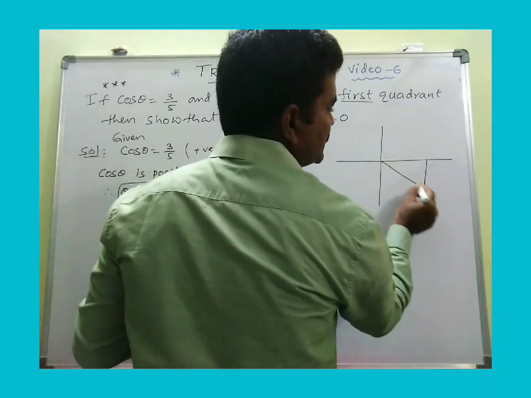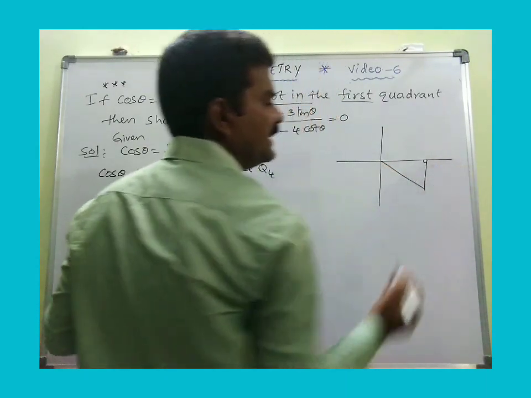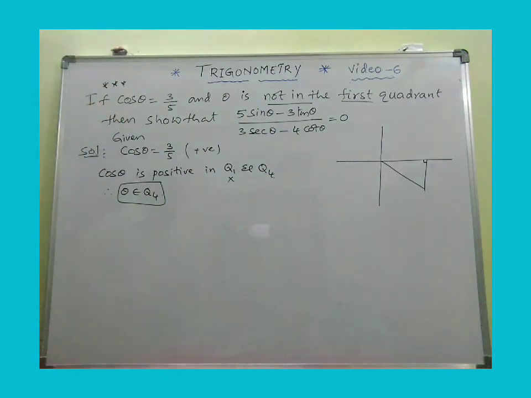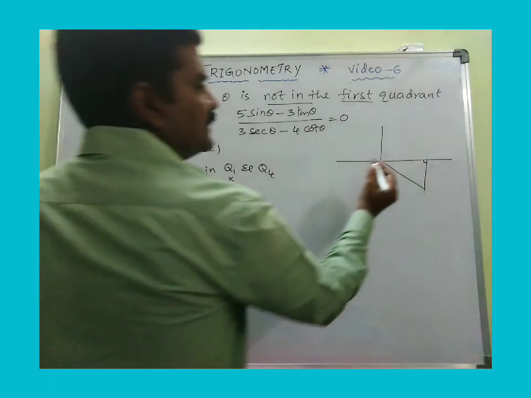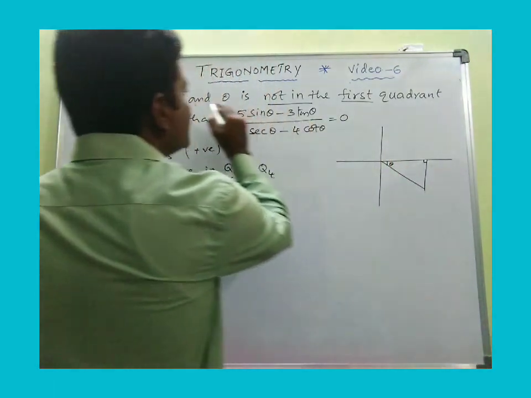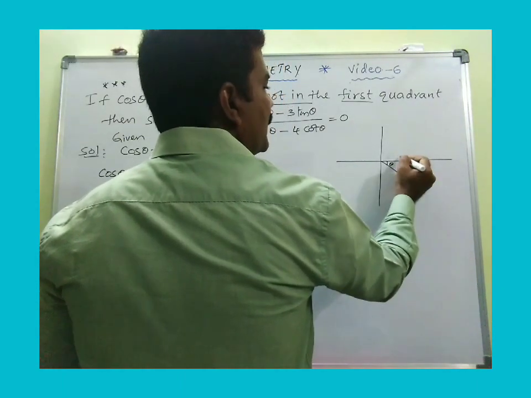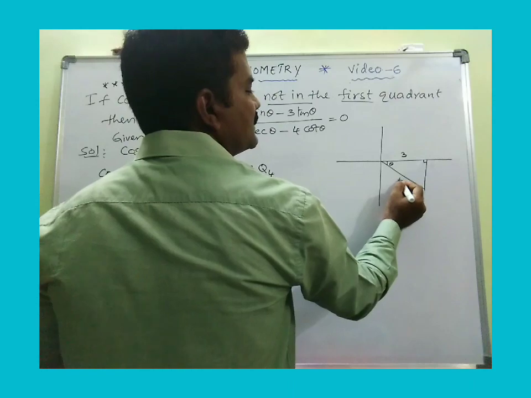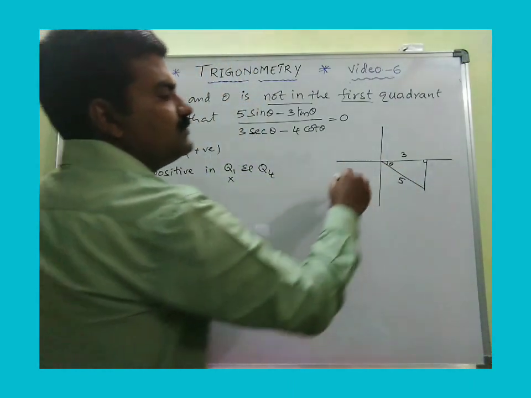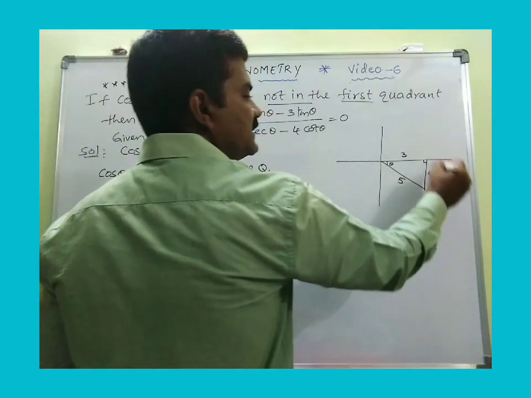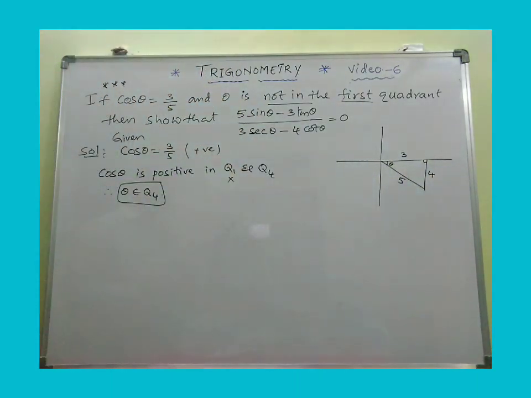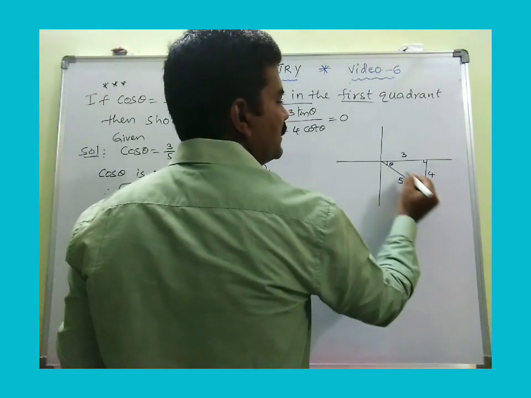So assume this is the situation now, suppose this is the right angle. Theta is here, and cos theta is 3 by 5. Cos is nothing but adjacent by hypotenuse. So adjacent is 3 and the hypotenuse is 5. Since I understood that theta belongs to the fourth quadrant, this is the picture, and theta is somewhere here.